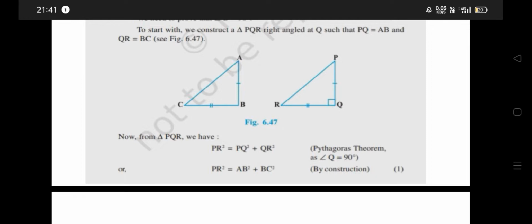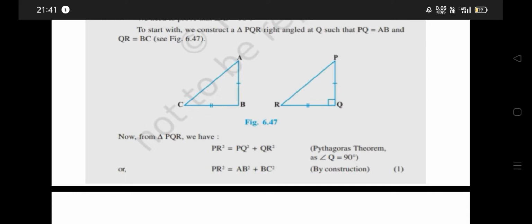Now from triangle PQR we can write that PR square is equal to PQ square plus QR square. We can write this equation using Pythagoras theorem as Q is equal to 90 degree, or we can also write PR square is equal to AB square plus BC square, because by construction we are just assuming that triangle ABC and PQR are similar and equal also.